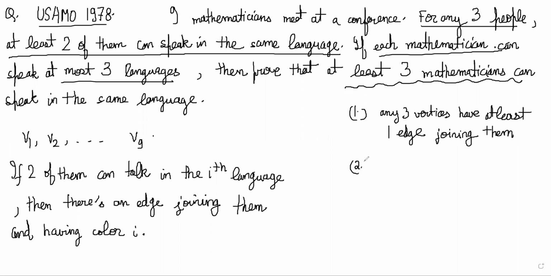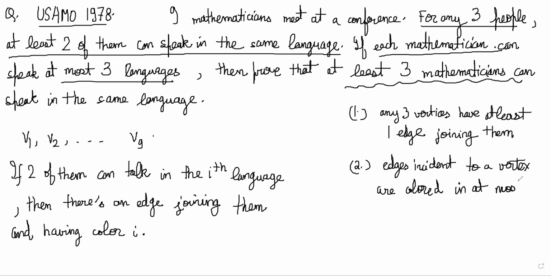And the second condition is that edges incident to a vertex, basically all the edges coming out from one vertex, are colored in at most three different colors, because each color represents each language, right?